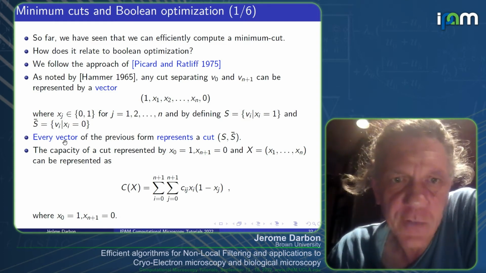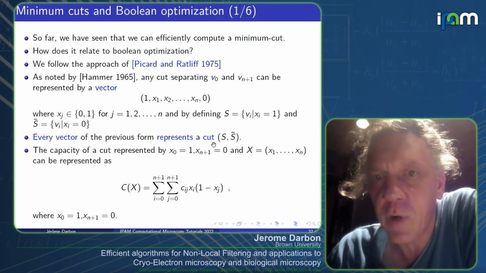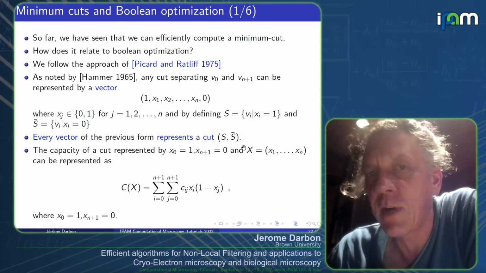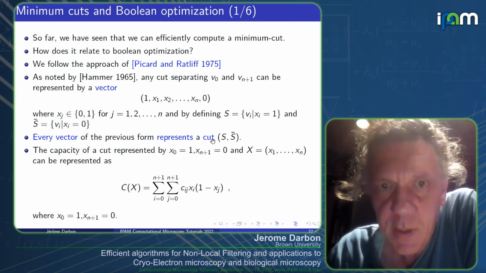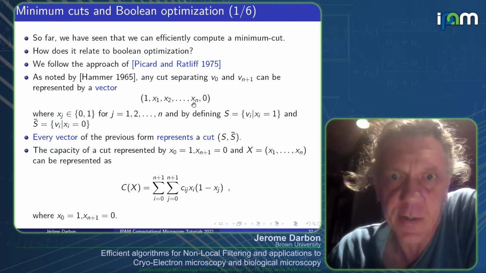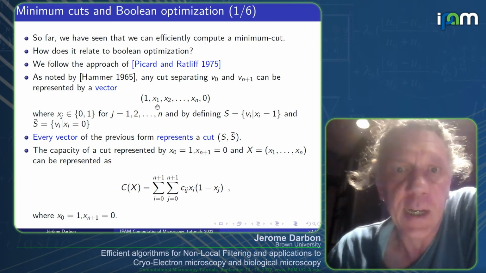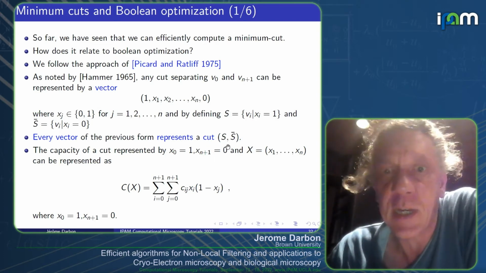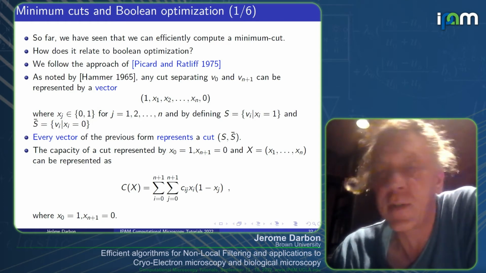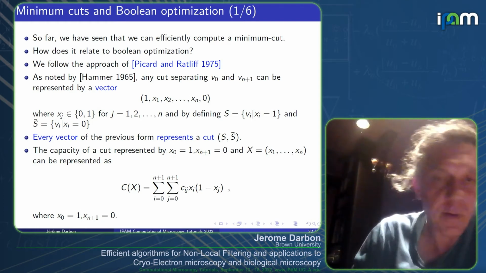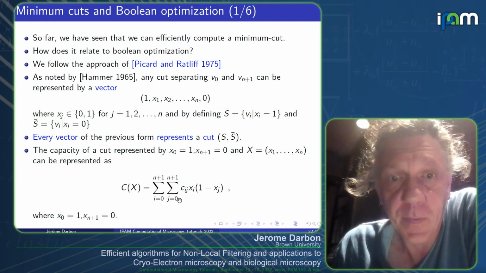So each vector is actually a representation of a cut in a graph. Instead of considering nodes, you consider binary vectors, where each entry encodes the fact that a node is connected to the sink or connected to the source.